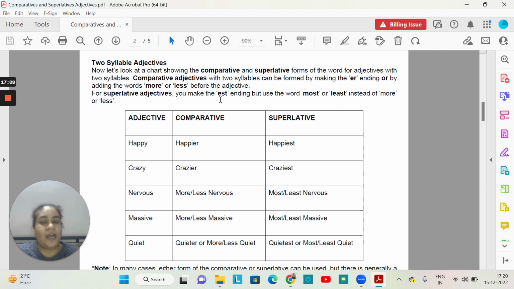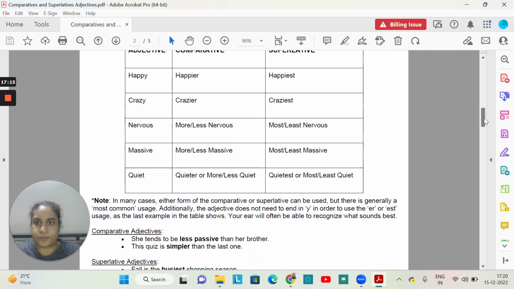Okay, now let's move down a bit to get this. So say our adjective is happy. Now just hear the sound carefully. Ha, first vowel sound. P, second vowel sound. I have two vowel sounds over here. So what did I do?